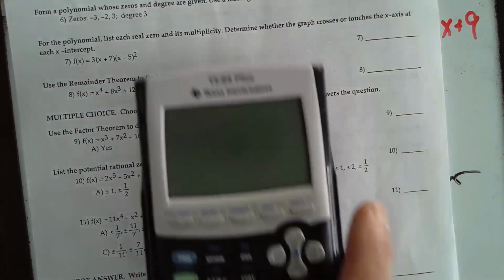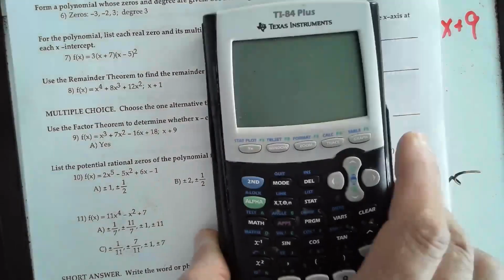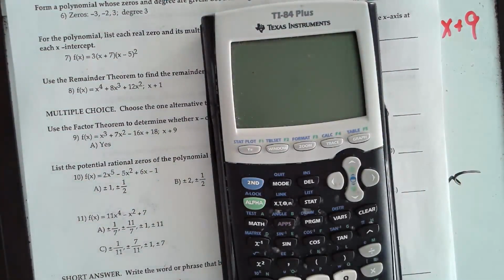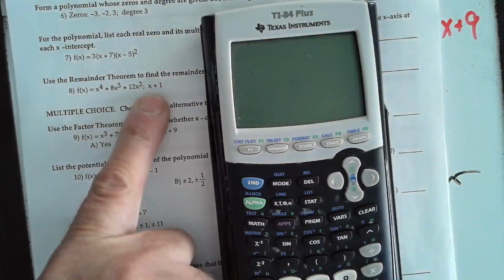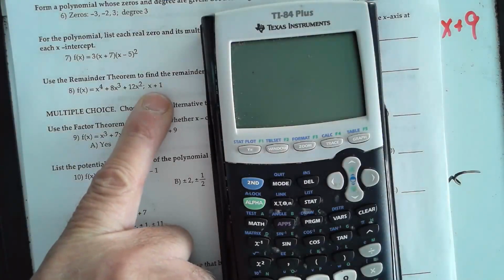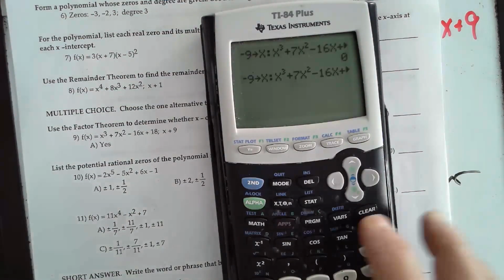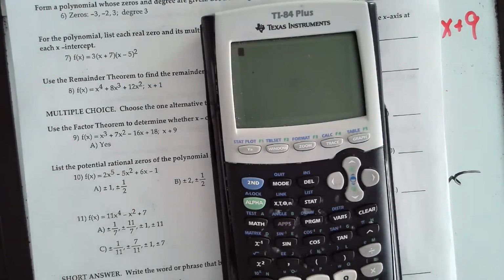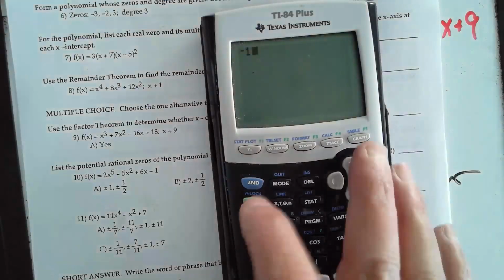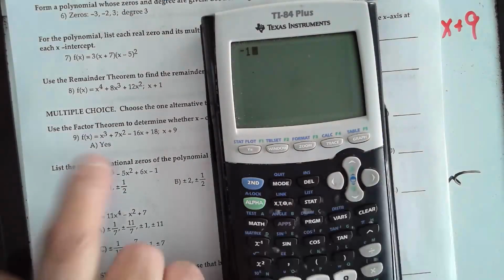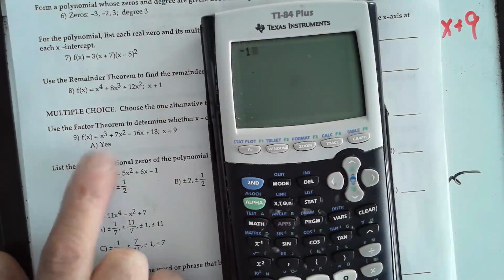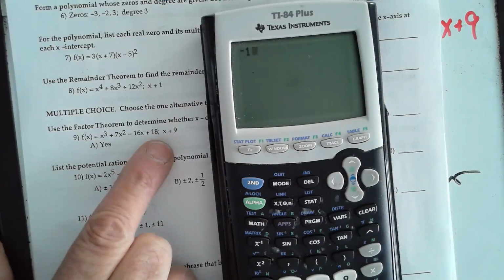Okay, I must have missed 8. Go ahead and try it real quick. And while you're doing that, so you got to make that x plus 1 and set it equals 0, right? Make it a -1, and then substitute it in. So try that. Okay? So 9 would be yes? 9 is yes, yeah, because we get 0 out.